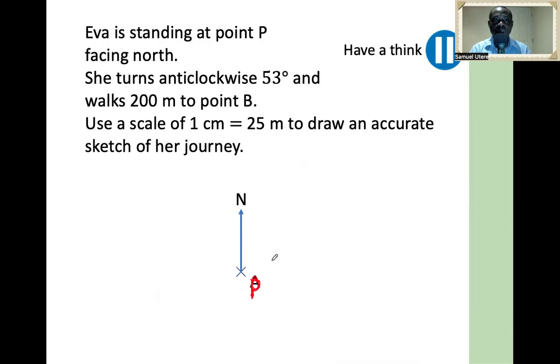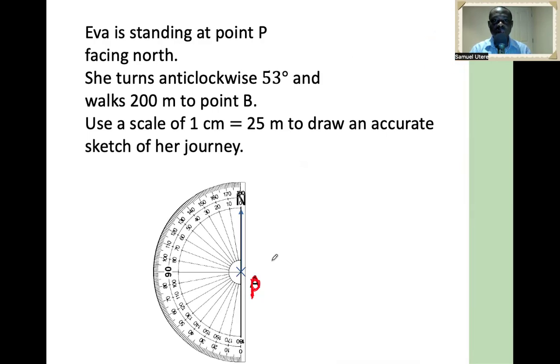Okay. We've been asked to use a scale of 1 centimeter being equal to 25 meters to draw an accurate sketch of a journey. So we know that we're going to have to position our protractor here and measure 53 degrees anti-clockwise.